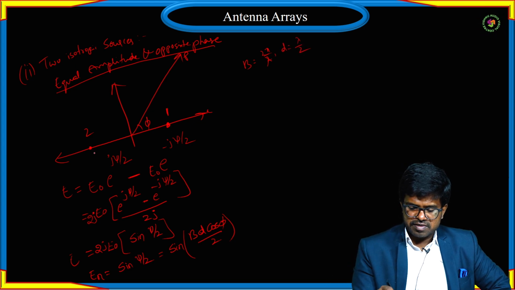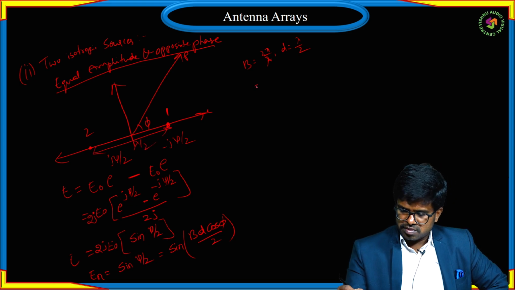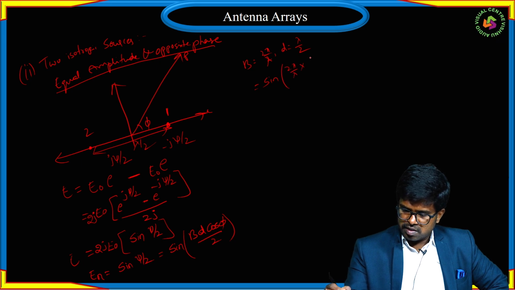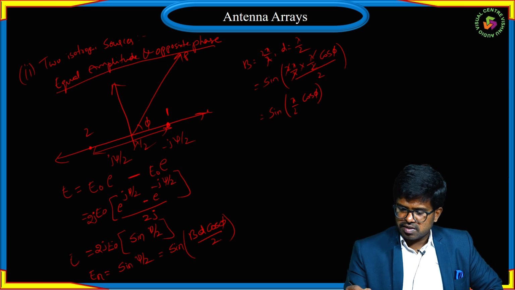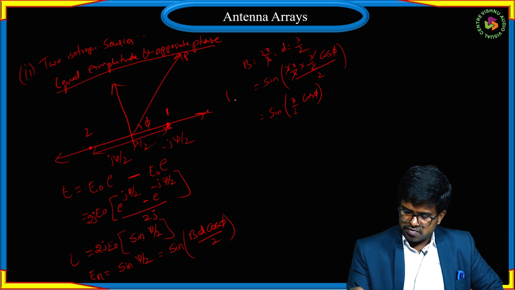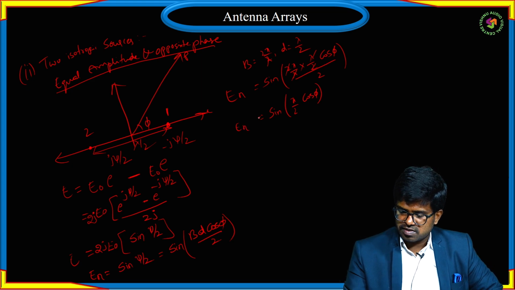The distance between them is lambda by 2 we are taking. Then if you substitute these two, that is sin of 2 pi by lambda times lambda by 2 cos phi by 2, lambda gets cancelled, 2 gets cancelled, sin of pi by 2 cos phi. So this is your resultant field equation.